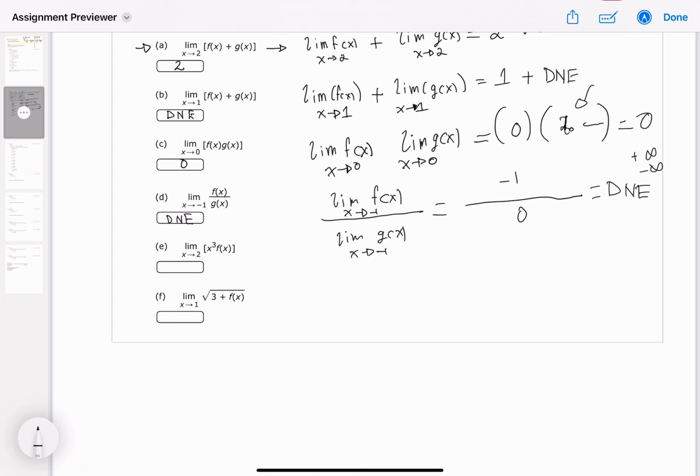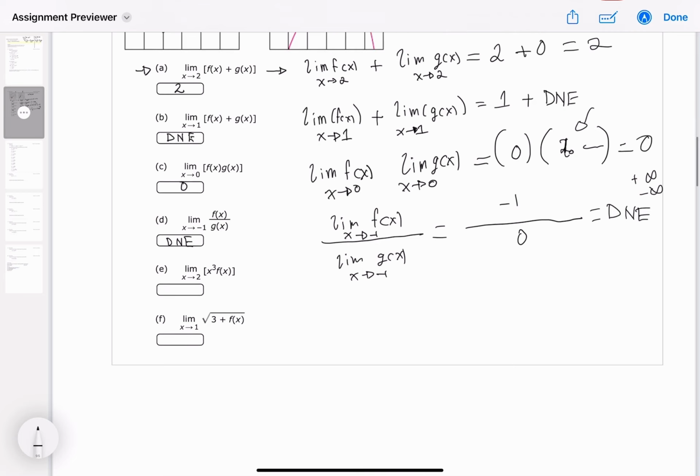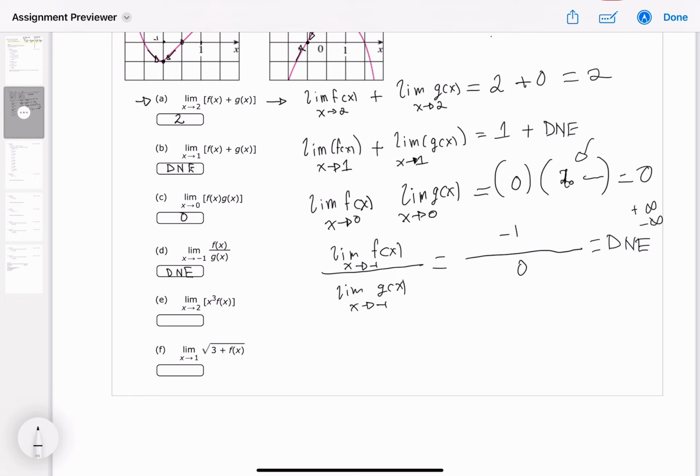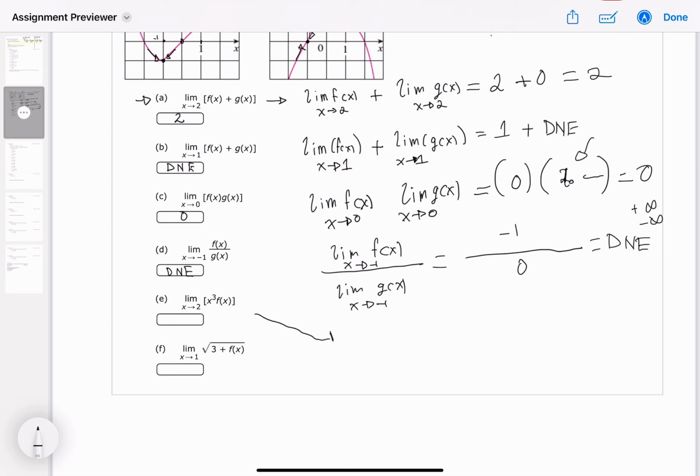Okay. What about the third one, the e? The limit of my function f of x times x to the cube as x approaches 2. Well, here again, I don't know how my function's graph looks, so I have to split that up.